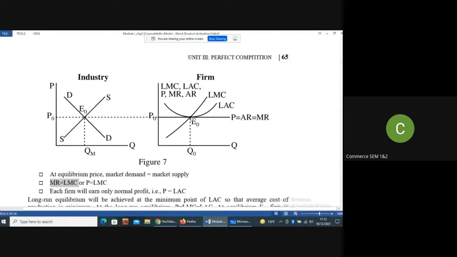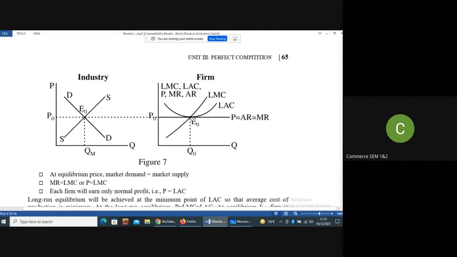Here at this point, LMC is equal to MR, because the LMC curve intersects the MR curve at point E0. Also, MR is equal to the price here. So price equals MR equals LMC, the long run marginal cost.